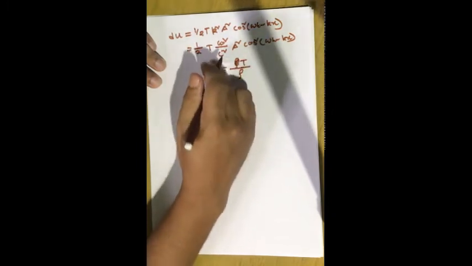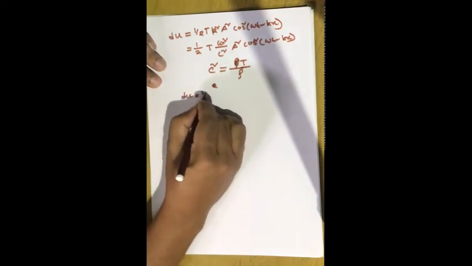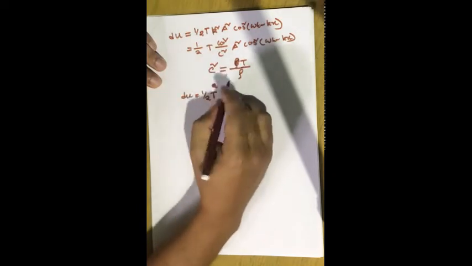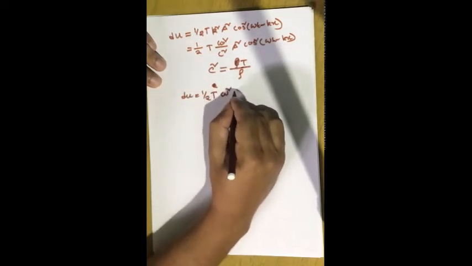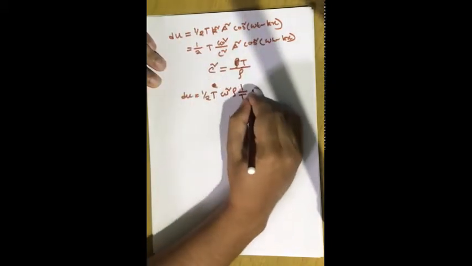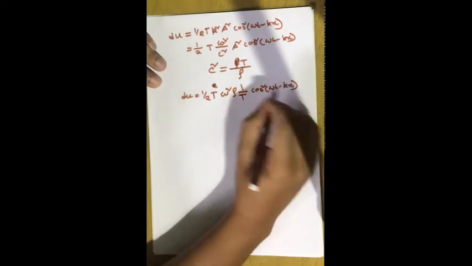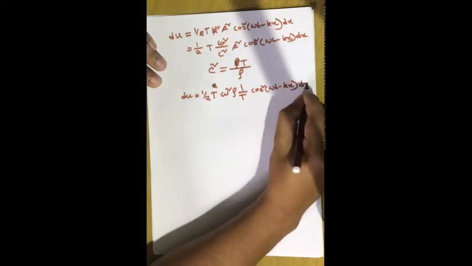Okay, so we can express this value here, and it will give dU is equal to half into T. Then we'll just replace the value of c square. Then it will give us omega square into rho divided by T, because it is 1 by c square, cos square (omega t minus kx), into dx. The dx quantity was there. I forgot this quantity, sorry for that.